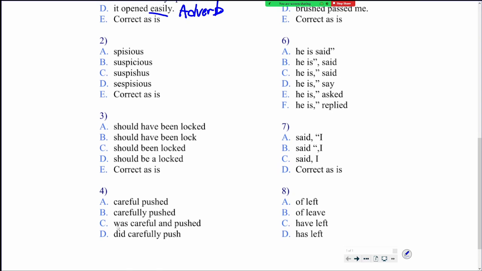You could say I was careful and pushed the door open, but B is the better option because it uses 2 words instead of 4. So I carefully pushed, right? And again, carefully is another adverb that describes how something was done. It describes the verb pushed. It lets us know how they pushed. They pushed carefully.